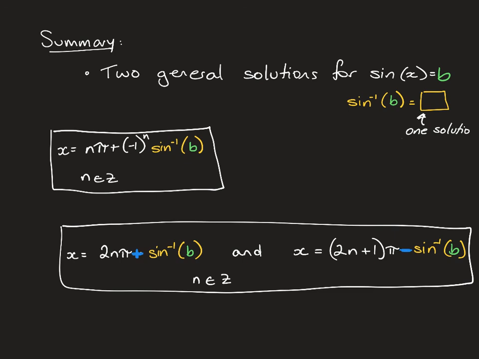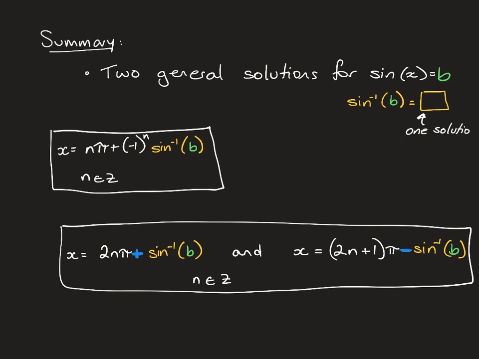So in summary, you've got two general solutions for sine of x is equal to b. You can use inverse sine function to generate one solution, and from there you can use these general solution patterns to generate multiple versions of that answer.